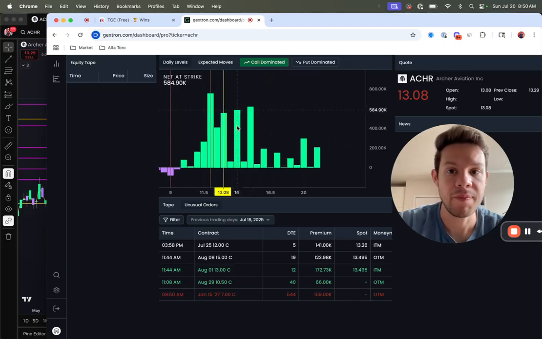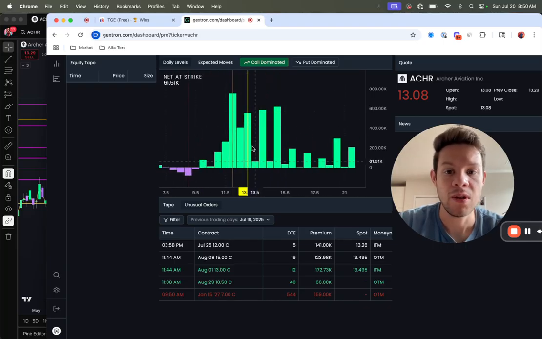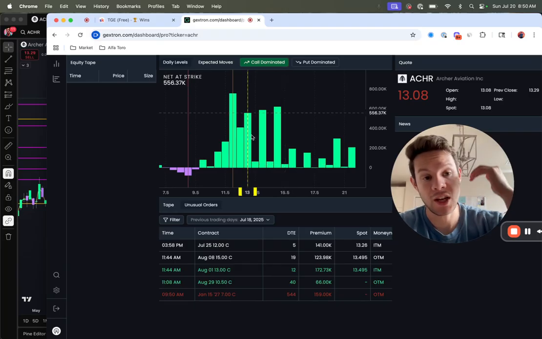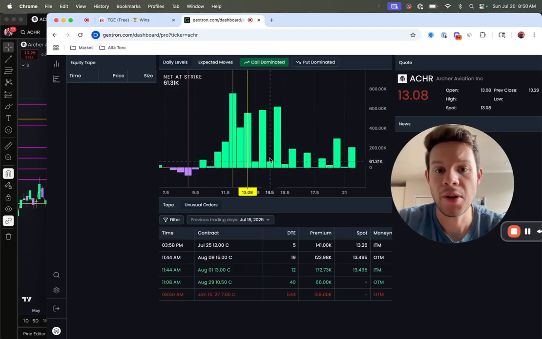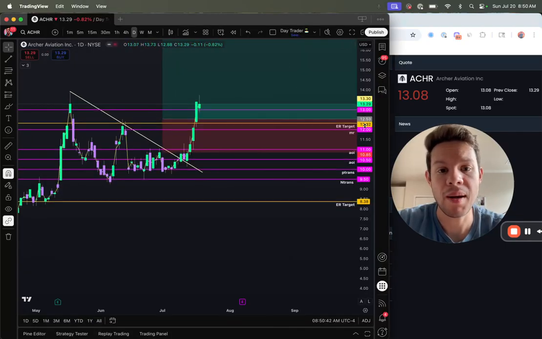You'll see that Gextron will give you, for each strike level on ACHR, a different level of support or resistance. In this case, it's resistance if price is coming towards that level. So the taller the bar, the more resistance there's probably going to be.